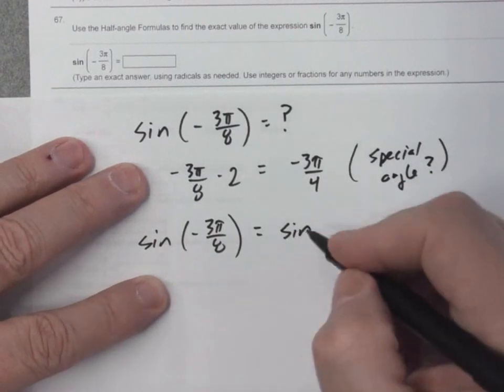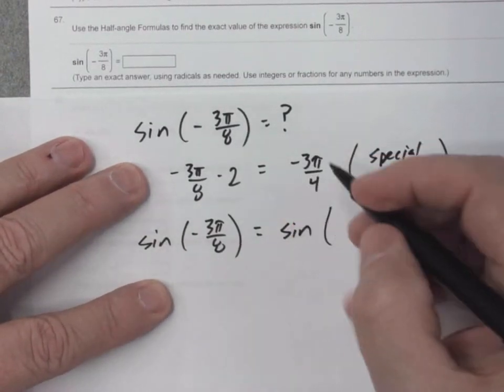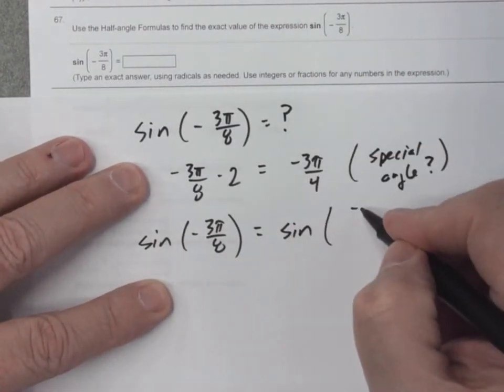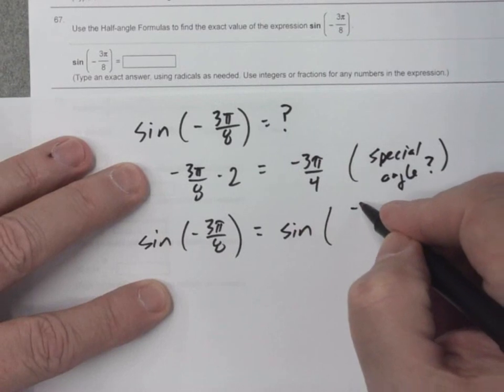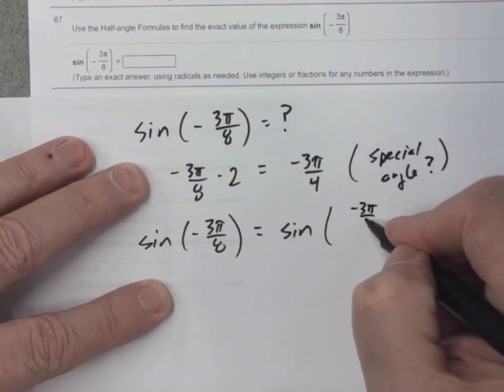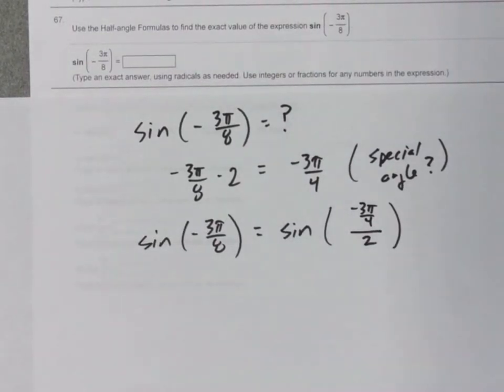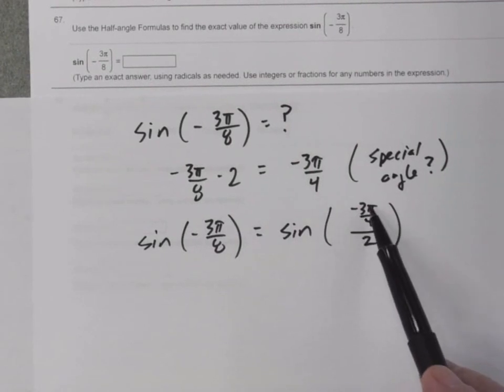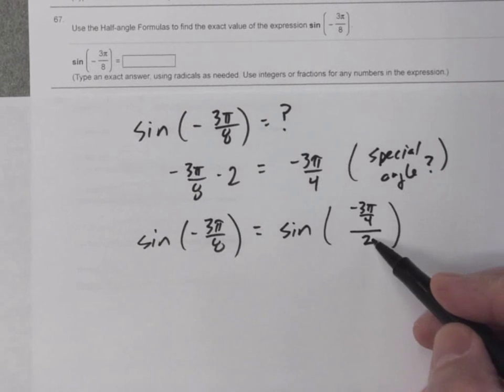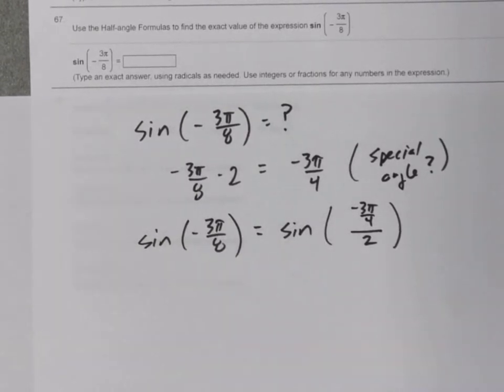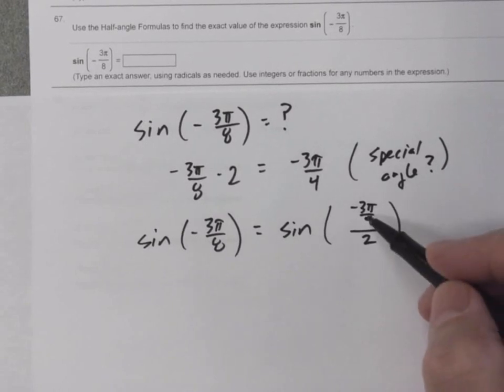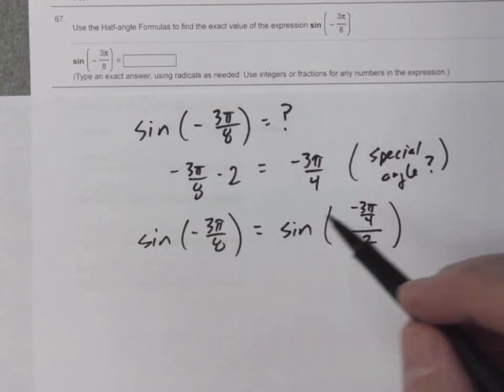That's the same thing as negative 3 pi over 4 over 2. Because if you look at this, it's 3 pi over 4 over 2, a complex fraction. If you simplify it, the 2 goes up and gets multiplied by the 4. So this thing inside here does equal negative 3 pi over 8.